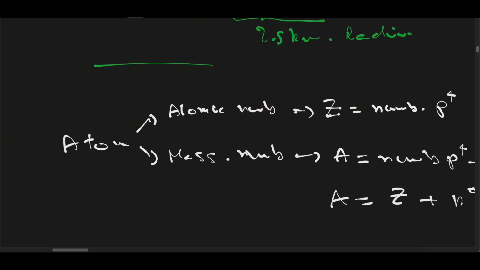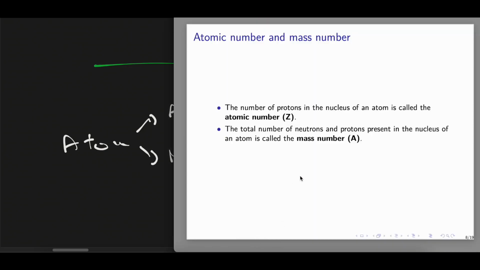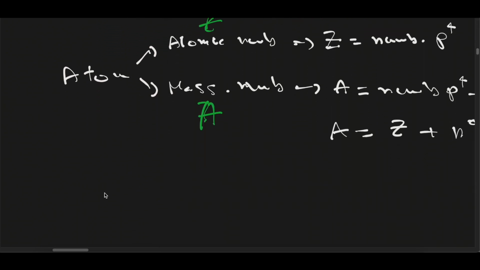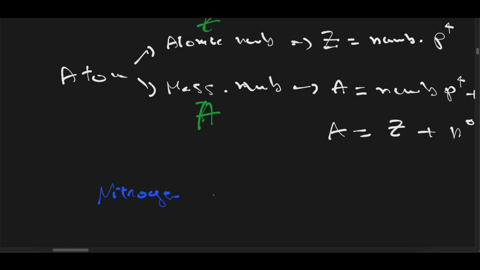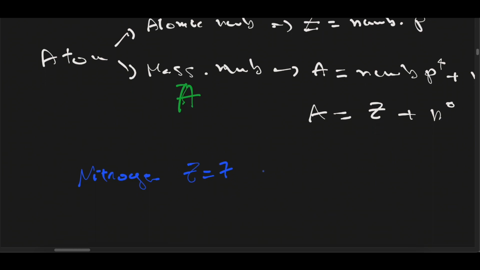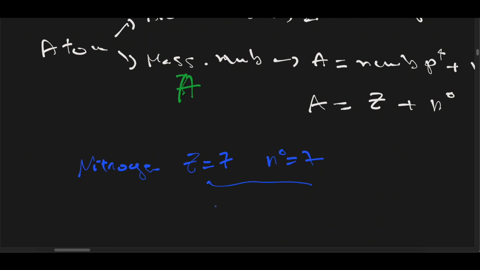So each atom is characterized by atomic number and mass number. For example, nitrogen atom, which has an atomic number of 7, it has also 7 neutrons, which means that the mass number will be equal to 14.